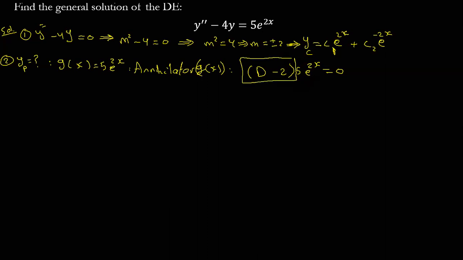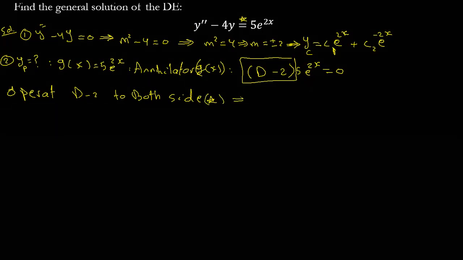After finding the annihilator, you have to apply it to your differential equation. So I'm going to operate d minus 2 on both sides of your differential equation. Let me call it star star. So I will get now the following.